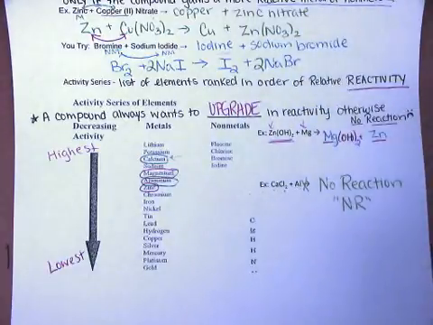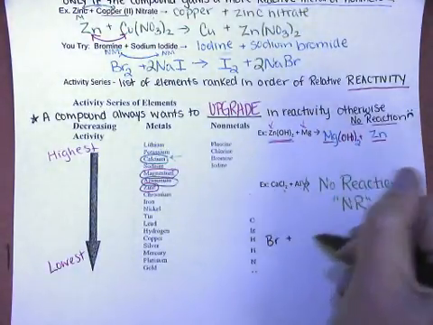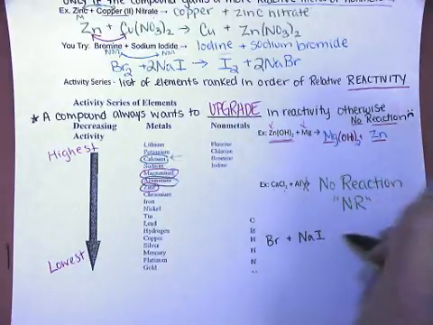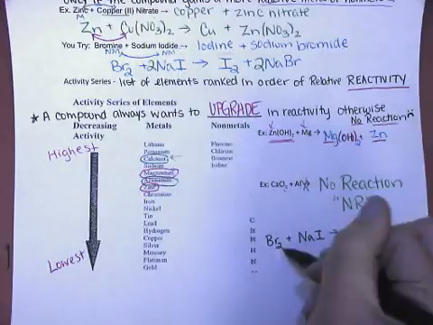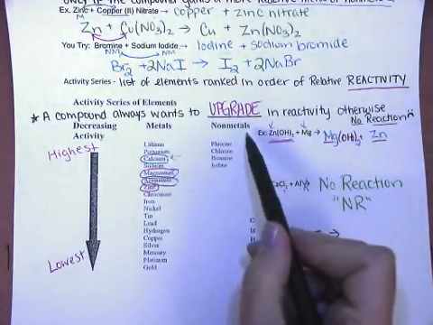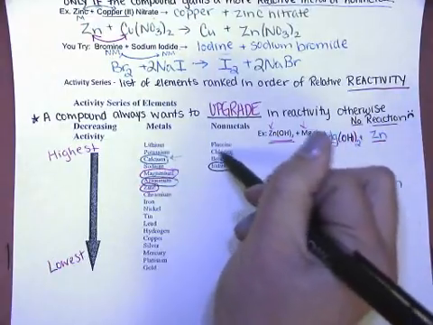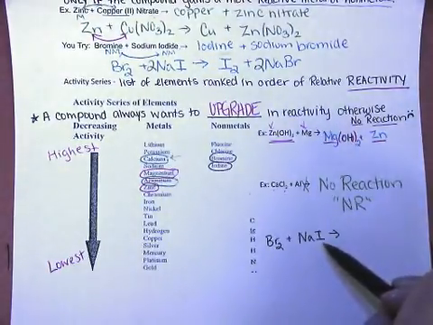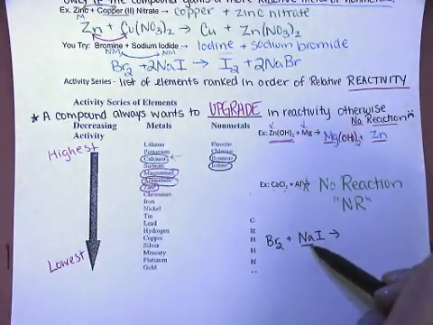The same thing can be done with nonmetals. If I look at the top, I had bromine with sodium iodide, and I said that they reacted together. But let's double check. I have nonmetals here. I have iodine, and I have bromine. Remember that my sodium wants to be with a more reactive nonmetal.